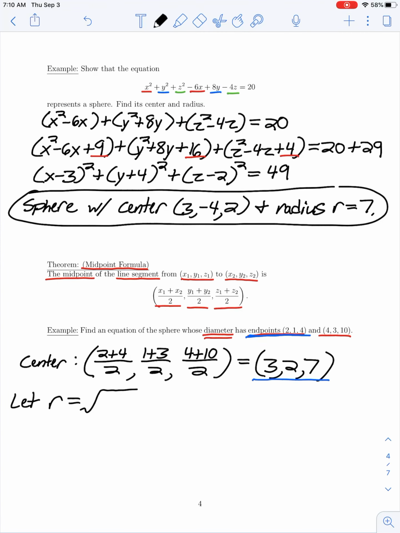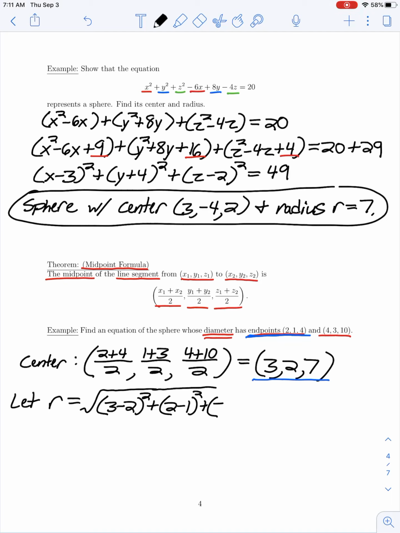That would be given by the square root of the sum of the squares of the differences in our x, y, and z coordinates. So for the x coordinate, we would have 3 minus 2 squared, plus for the difference in the y coordinates, we would have 2 minus 1 squared.